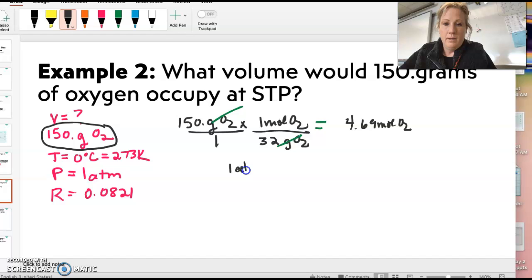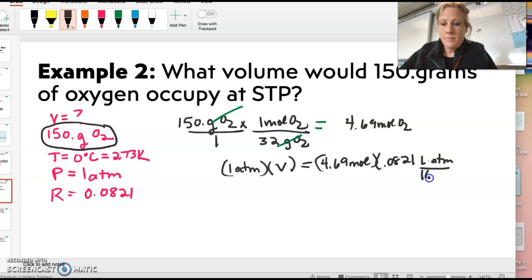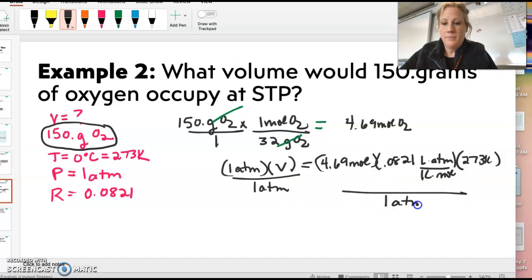So then I'm ready to plug into the equation. PV equals nRT, and my unknown is V. I would divide both sides by 1 atm to get the volume alone.